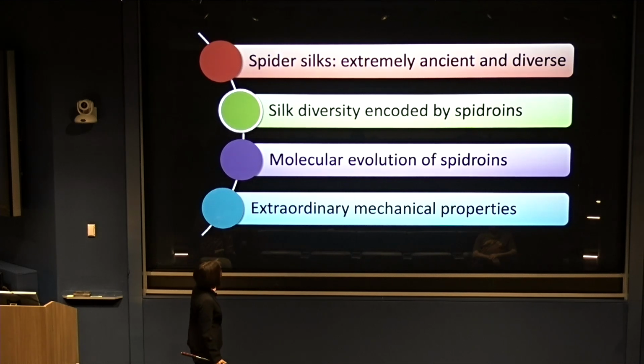So now I've shown you that there's a lot of kinds of silks. Spiders have been doing this for a long time. So let's now dive in and talk about what is silk. Silk is a protein. So once you wrap your head around that silk is a protein, then you realize, okay, genes encode proteins. And that was actually my motivation when I wanted to do a postdoc at the University of Wyoming, because there was a lab there that published the very first little snippets of spider silk genes.